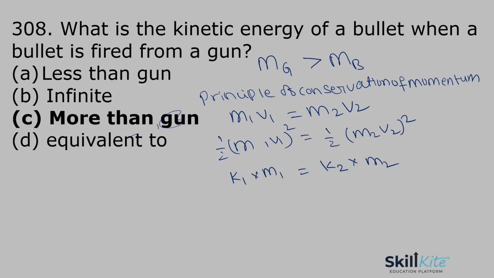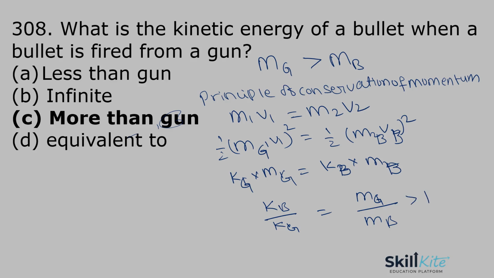Sorry, let us write G and B below. Here G is the gun as 1, and 2 is B, the bullet. So KB by KG equals mg by mass of the bullet, that is mass of the gun by mass of the bullet. The mass of the gun is greater than the mass of the bullet, so the value will be greater than 1.